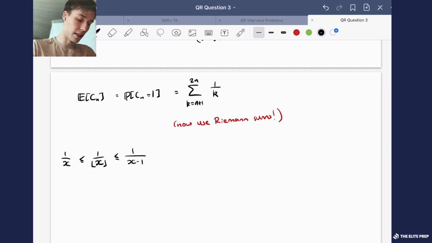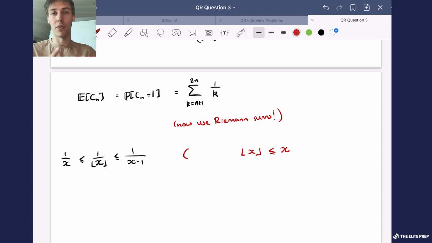The reason for this is that the floor of x is clearly less than or equal to x because we're just getting rid of the decimal part, and also it's clearly greater than or equal to x minus 1, because if you get rid of 1, that's always going to be greater than 0.99 or 0.999 or whatever decimal part we're removing.